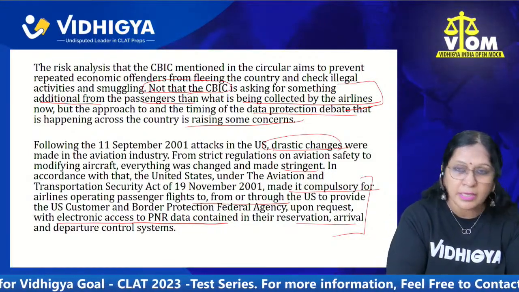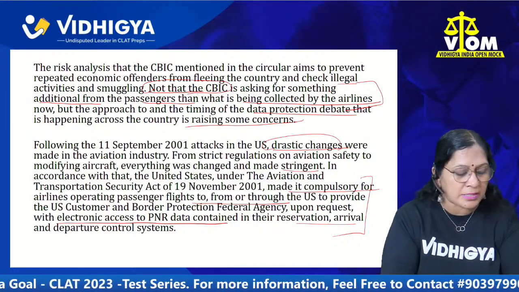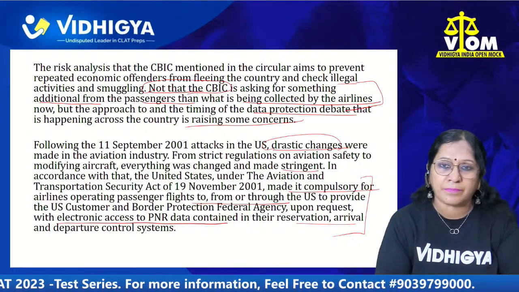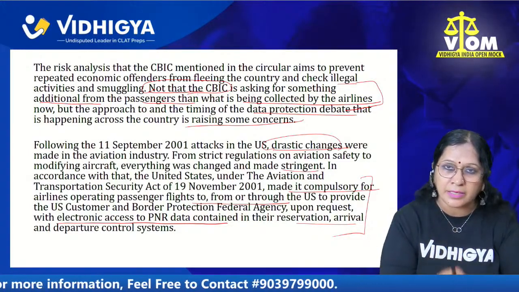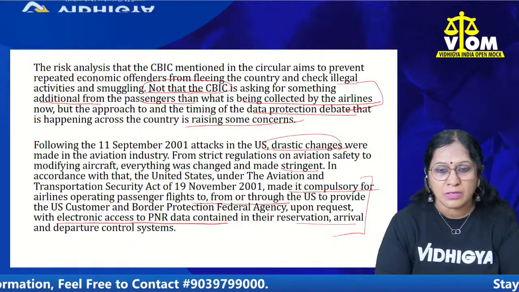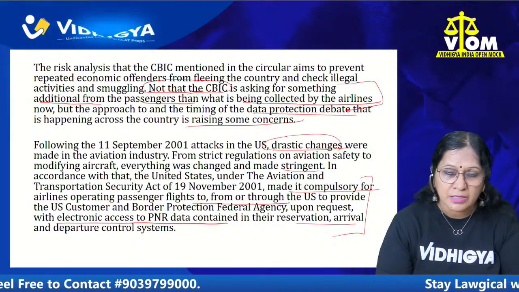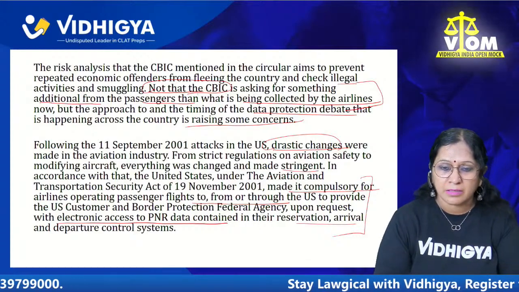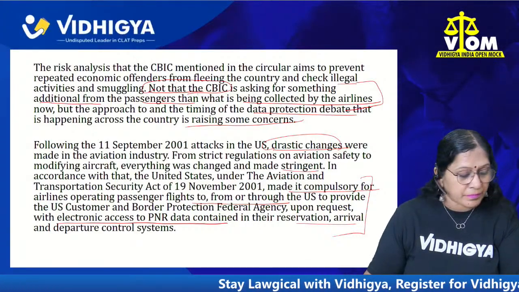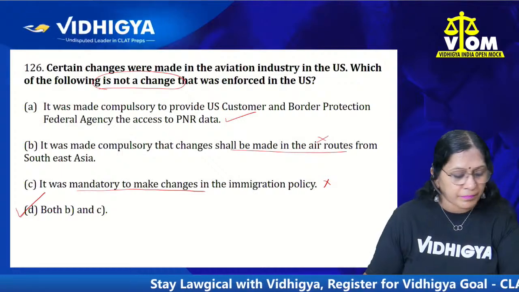It is only taking what otherwise the airlines authority is already taking. So when you read the complete sentence, you actually get the contextual meaning of that sentence, right? So don't read or reread in a hurry. Be very patient and read so that you get the right answer.